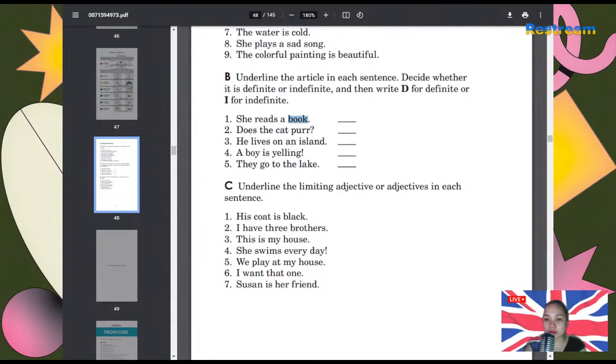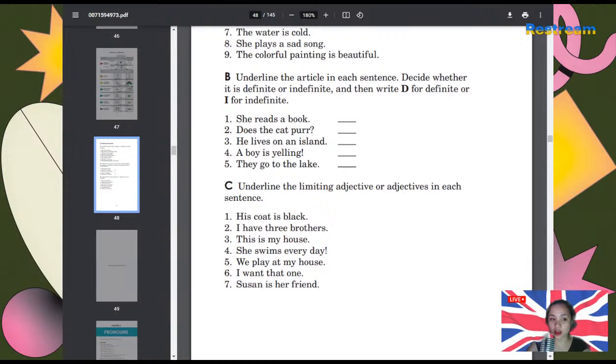So next one, how about number two? Number two is, does the cat purr? Does the cat purr? So let's see, what is the article used here in this sentence? The article used here is, okay, very good.